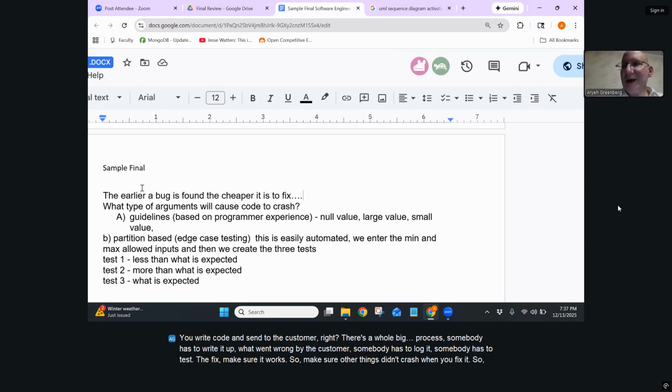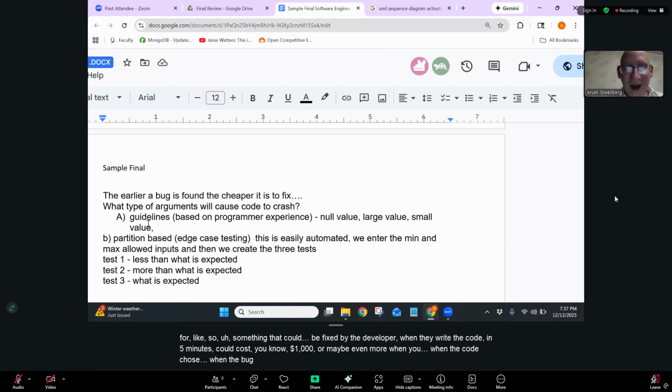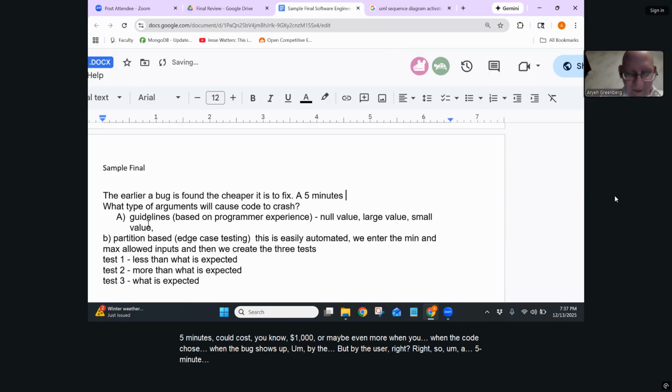So something that could be fixed by the developer when they write the code in 5 minutes could cost $1,000 or maybe even more when the bug shows up by the user, right? So a 5 minute fix.